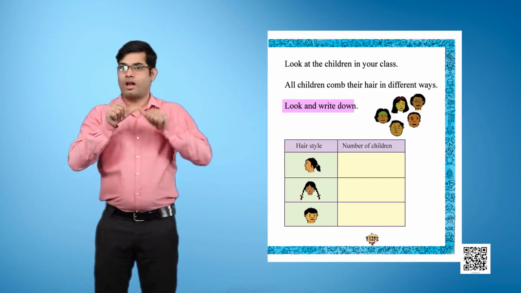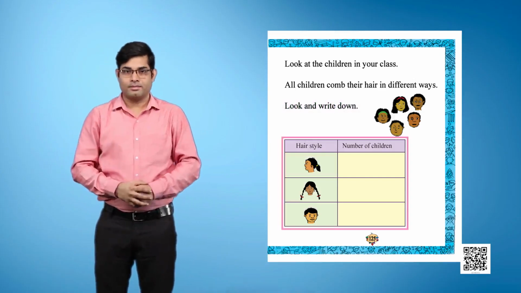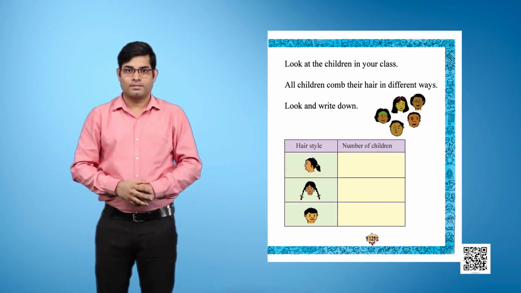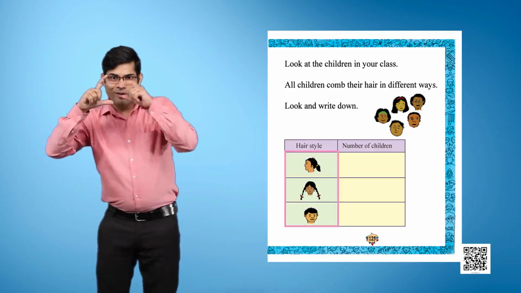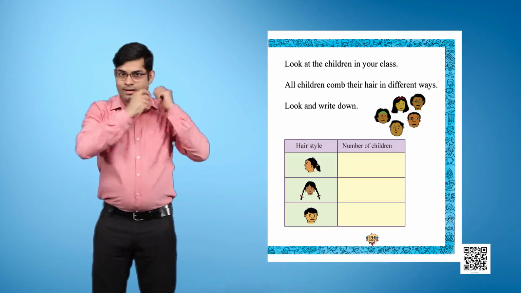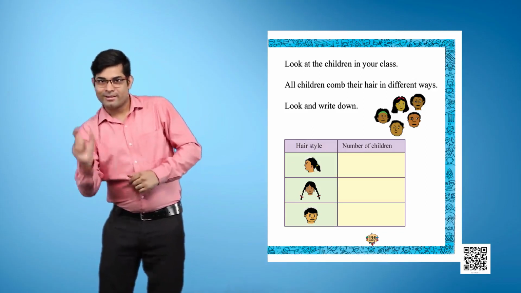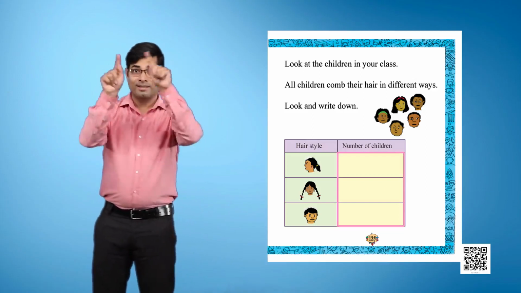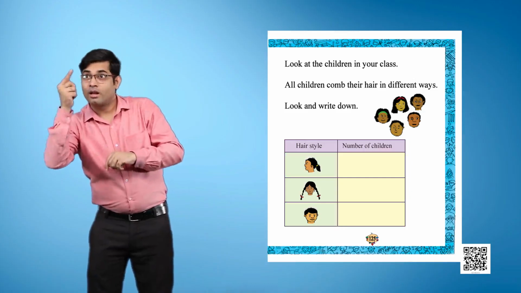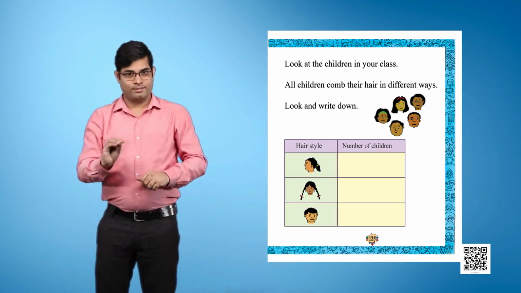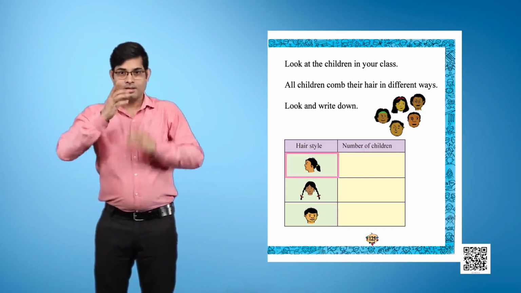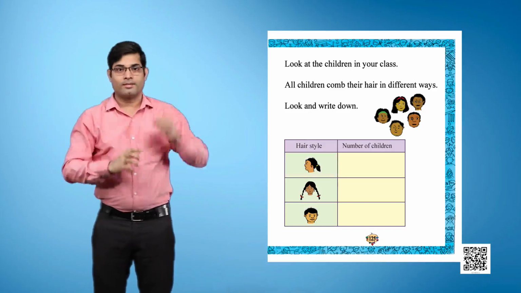Look and write down. There is a table with 2 columns and 3 rows for this question. In column 1, picture of children with different hairstyles is given. And in column 2, empty spaces are provided for writing answers. Row 1, column 1 has a picture of a girl with only 1 ponytail.